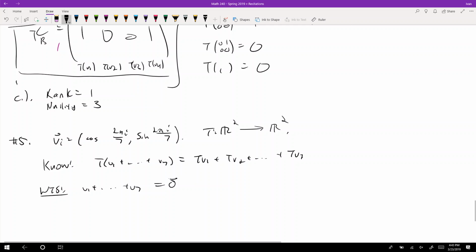T from R2 to R2 is rotation counterclockwise by phi, 2π/7.